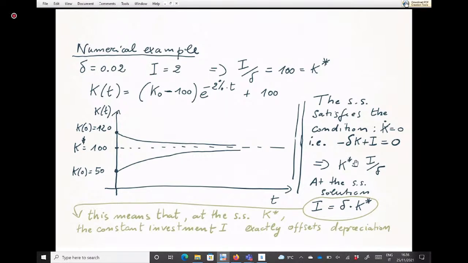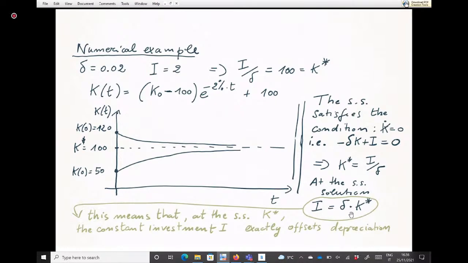So at the steady state, if you look at the steady state level of the capital stock, you have capital I over delta, and this means that at the steady state solution, if you multiply both sides by delta, you get delta times K star is equal to capital I. What is the meaning of this?